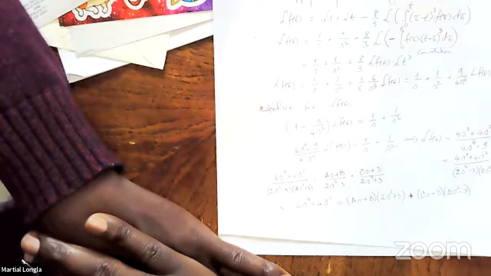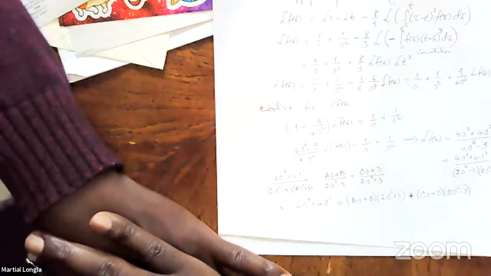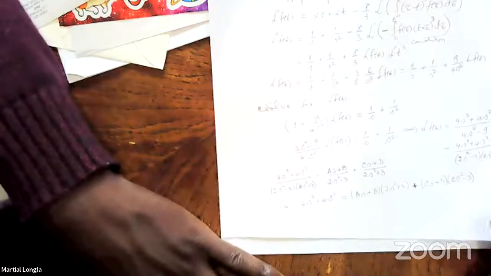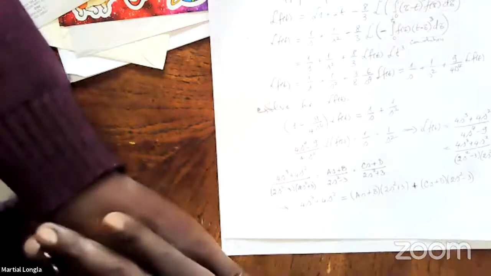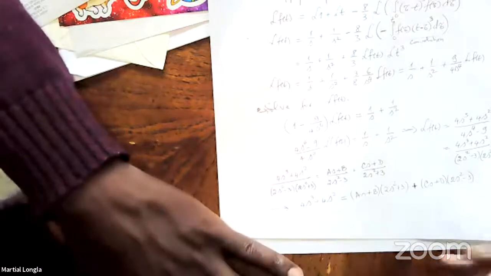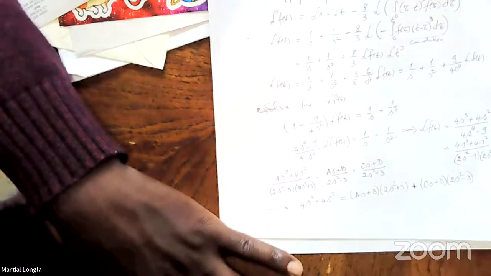Now we can choose the numbers to plug in as we used to do to solve, or we can just write the system of equations and solve it. I'm gonna go the second way.